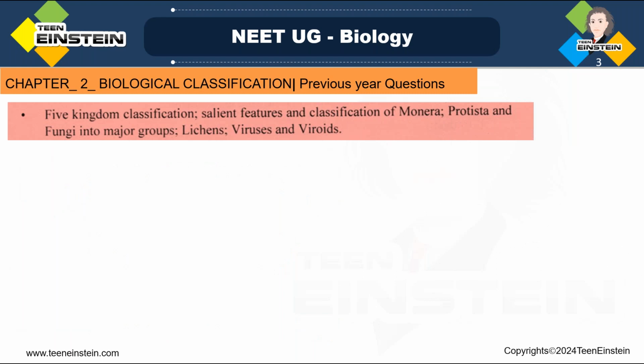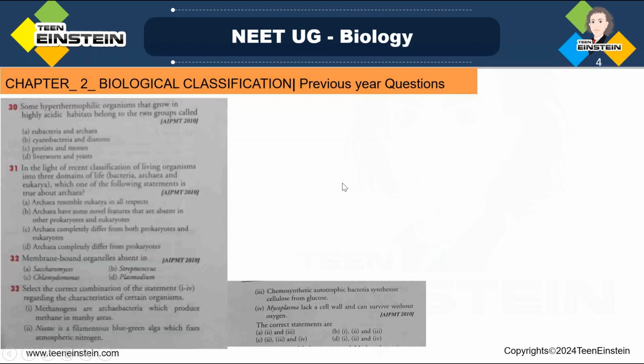We have already done around 42 questions. We have to learn the main features of all the five groups or kingdoms. In this chapter we are learning mainly about kingdom Monera, Protista, and fungi, and along with that about lichens, viroids, and viruses also, right?